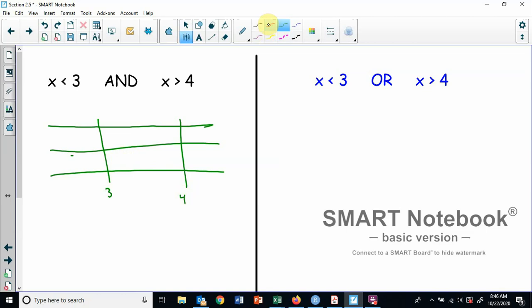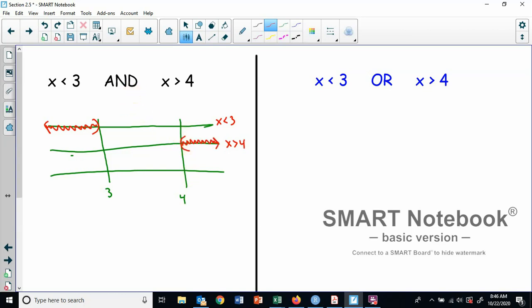And what we will do is graph them. X is less than 3, X is greater than 4. Alright, so let's graph X is less than 3. Let's go to 3. That's going to be a parenthesis, right? And less than is this direction. Okay? That's not bad. Alright, X is greater than 4. So let's find 4. It'll be a parenthesis, and greater than is this direction.